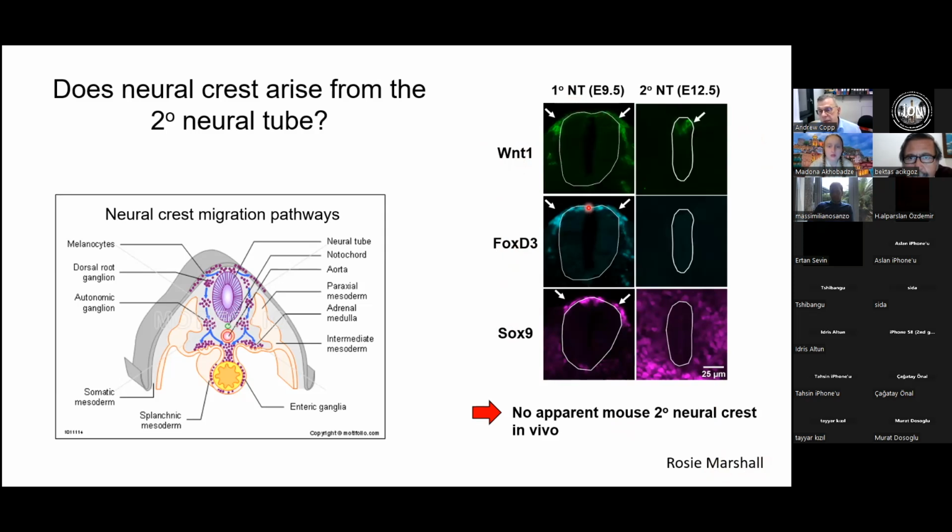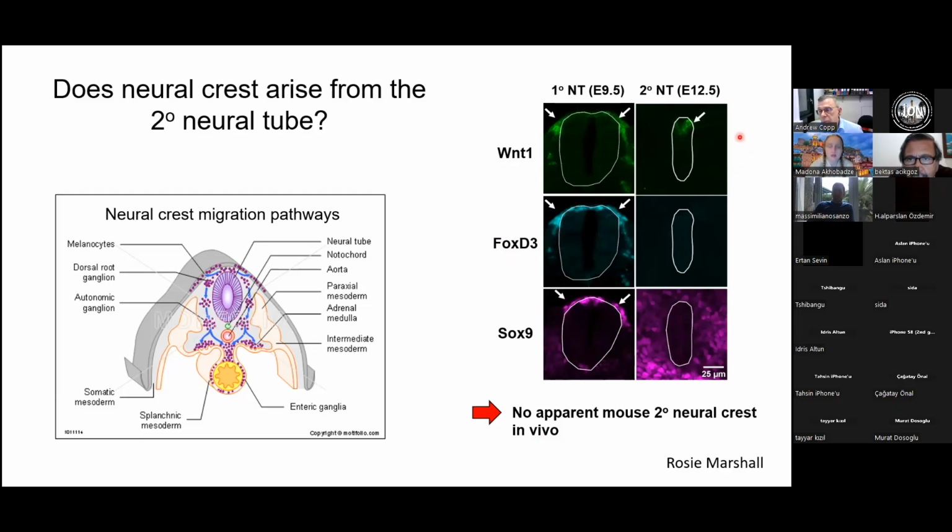And so you can see that these genes come on in the dorsal neural tube, and they then follow the neural crest. The neural crest cells express these genes. FOXD3 is the best marker we have for neural crest, but Wnt1 is also expressed in these, SOX9. Now, this is in mouse.